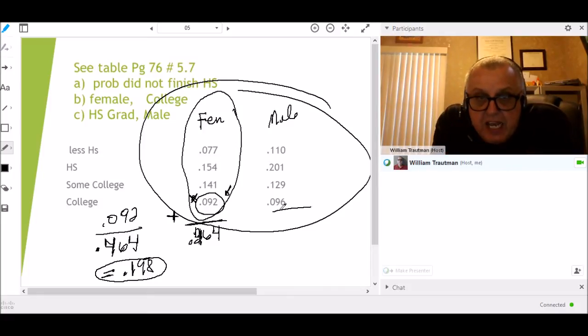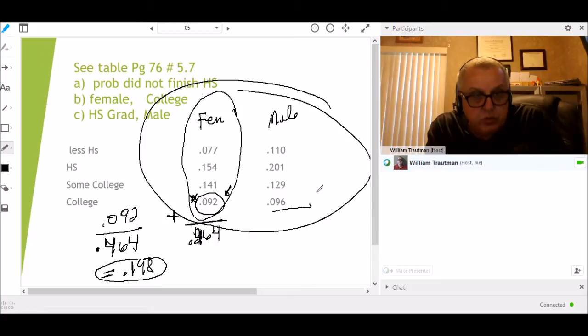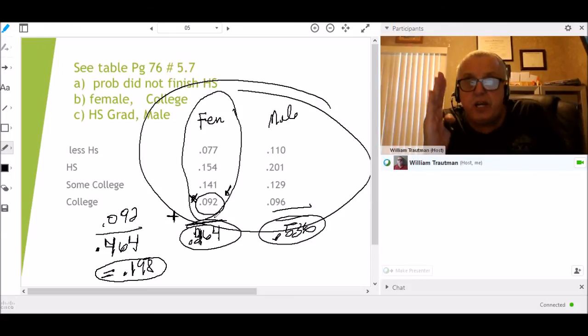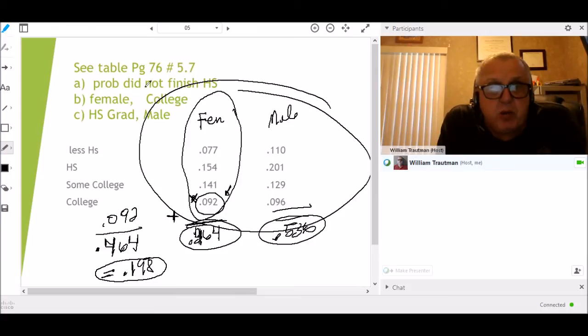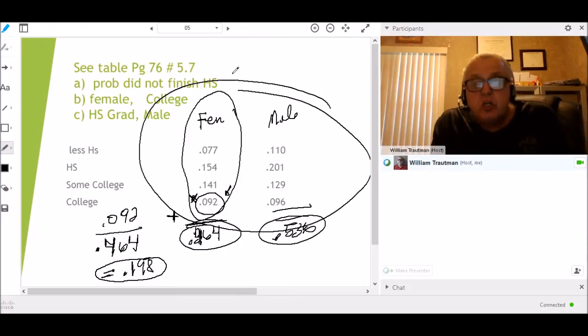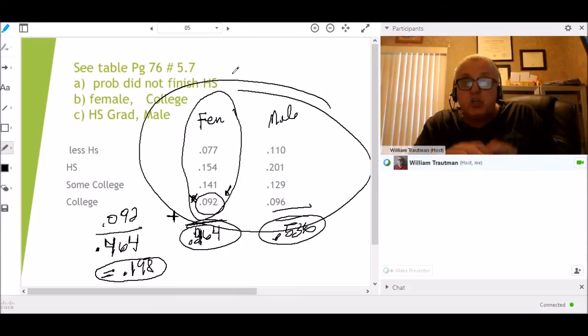Do you see if I add up this other column? Let's just add up that other column for a second. 0.110 plus 0.201 plus 0.129 plus 0.096. Do you see how it adds up to 0.536? These two add up to 1. So in the first problem, it says did not finish high school. That's why we could say that over 1.